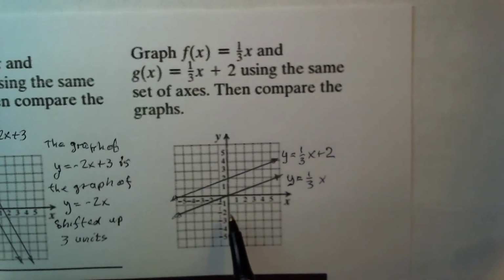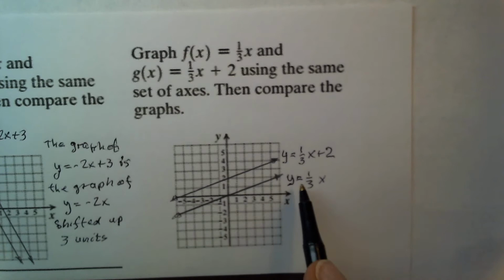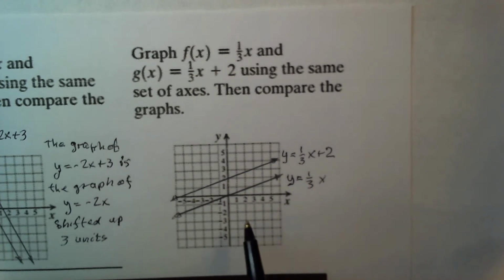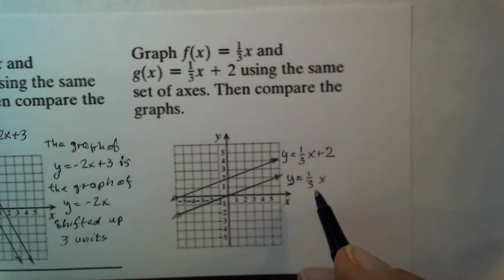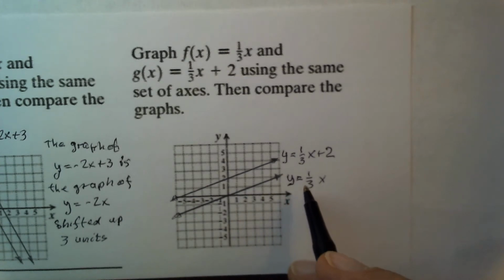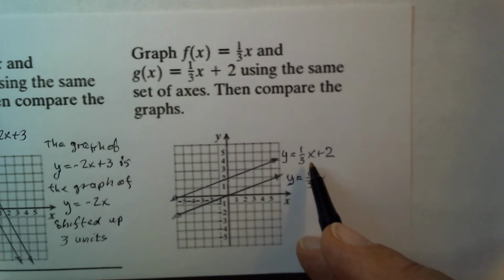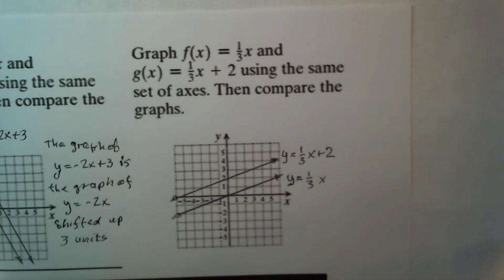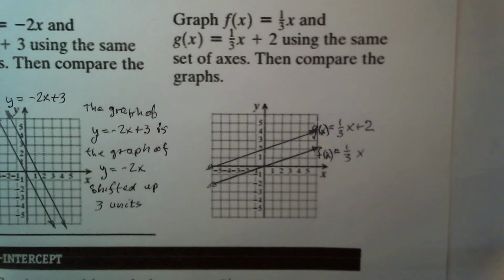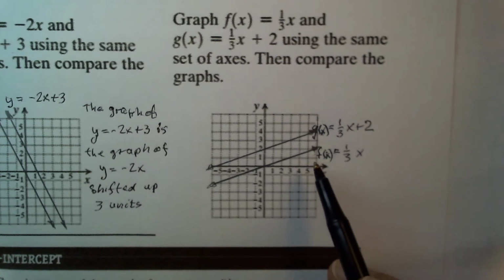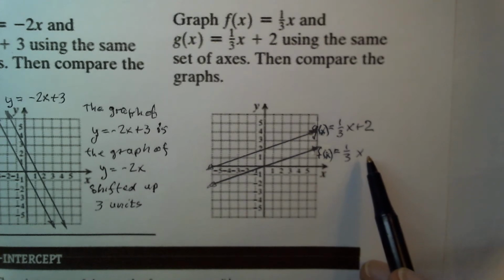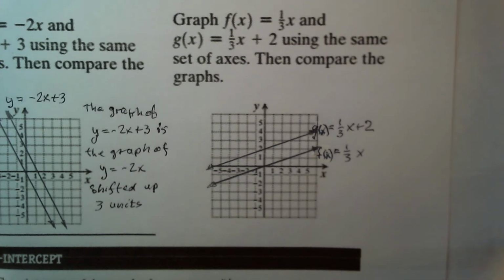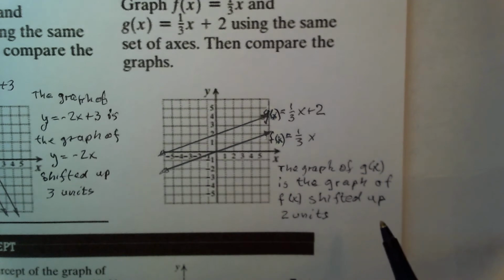So here are the two lines corresponding to f of x equals 1/3 x and g of x equals 1/3 x plus 2. So we can say that the graph of g of x is the graph of f of x shifted up 2 units.